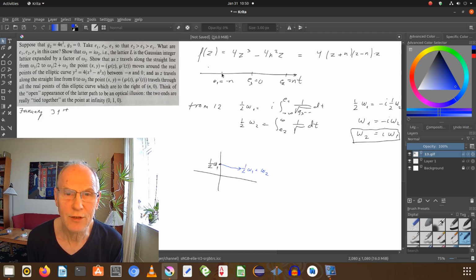So that's the integral from here out to infinity, but the integral of omega 1 goes like this.